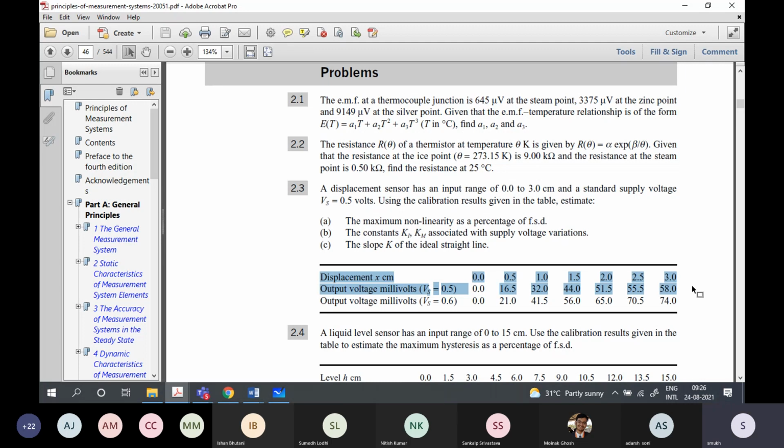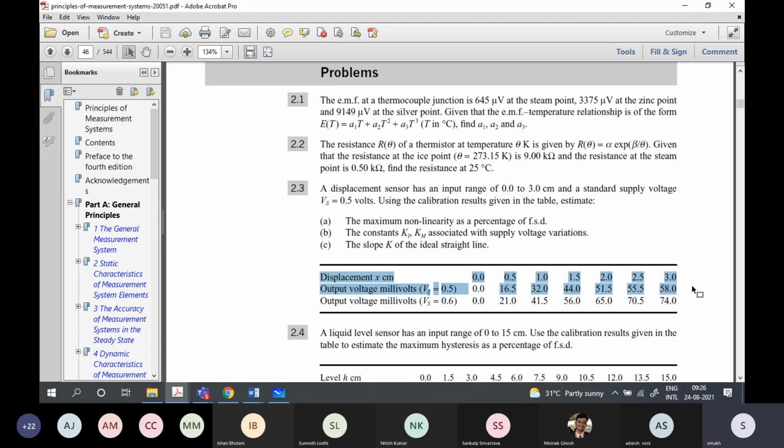Whenever you say non-linearity specification, you first have to say what is the linear line. You have to first figure out what is the straight line that you are defining.